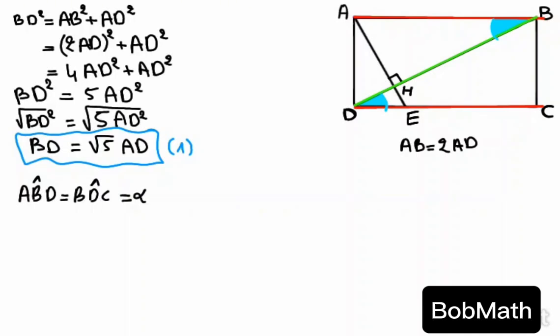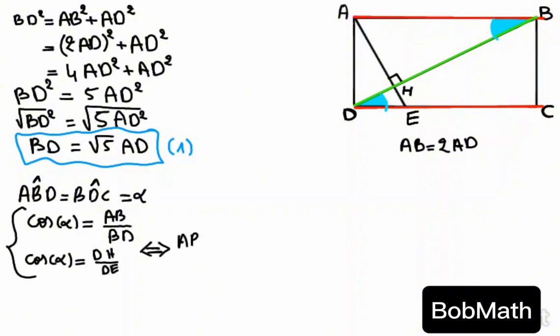In the triangle EBD, we have cos alpha equals AB divided by BD. And in the triangle DHE, we have cos alpha equals DH divided by DE. So EB divided by BD equals DH divided by DE.